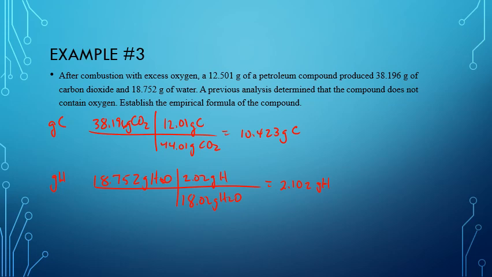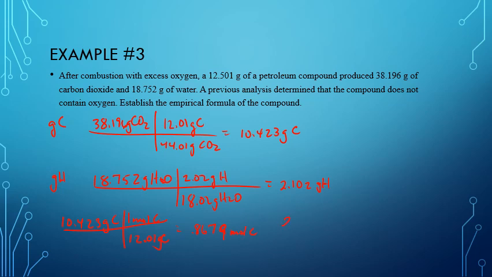So at this point, we can now take our amount of carbon. So I can take the 10.423 from my grams of carbon, divide 1 mole of carbon, 12.01 grams, and that leaves us with 0.8679 for our moles of carbon.